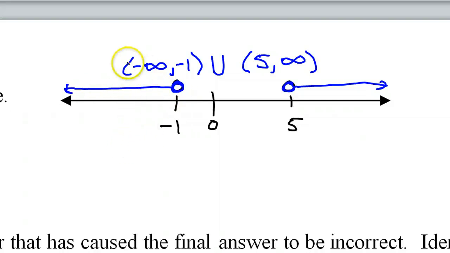So instead of writing this, I could have said x values less than -1. Similarly, this arrow over here to the right of 5, these values are x values that are greater than 5. Instead of the union symbol, I just used the word or. So this purple is another way you could have done it instead of interval notation.